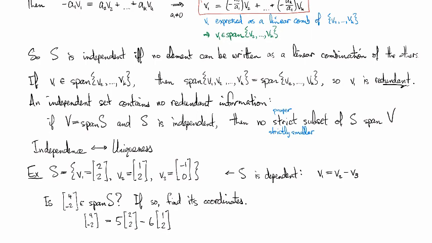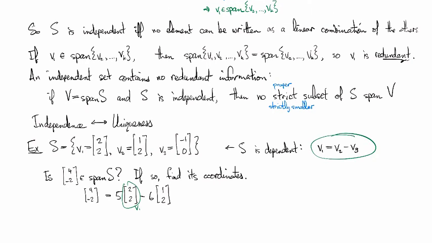However, we can also express this vector here, v1, in terms of v2 and v3, like we have over here. And so we can rewrite this as 5 times (1, 2) minus (-1, 0), and then we still have the other term over here.